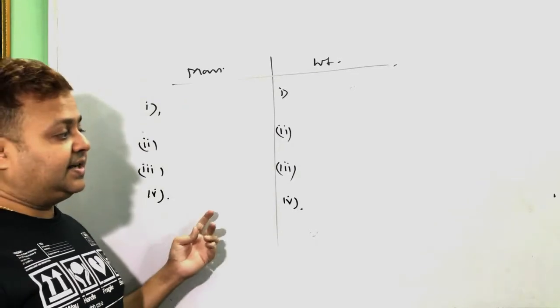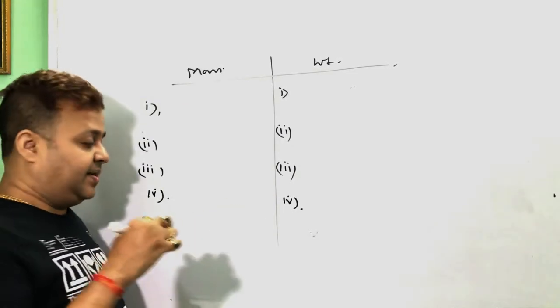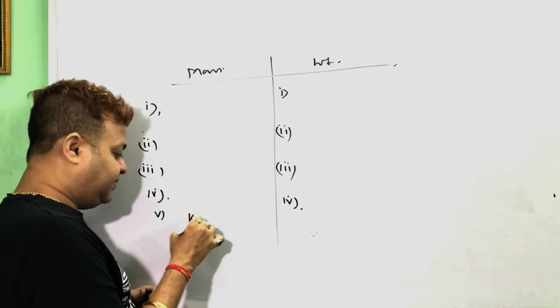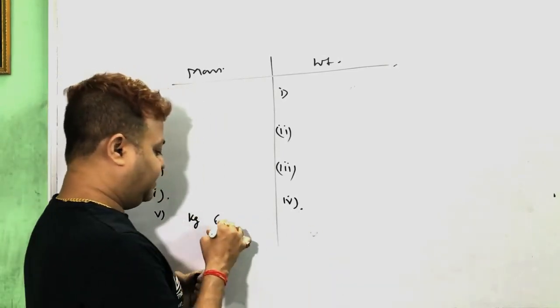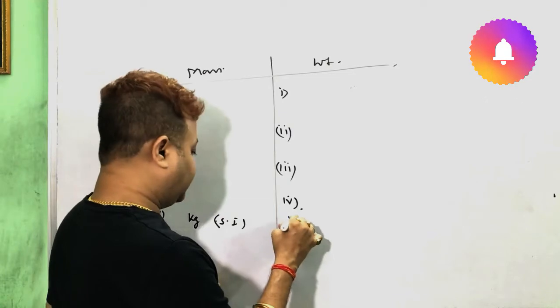The SI unit of mass is kg, and the SI unit of weight is Newton.